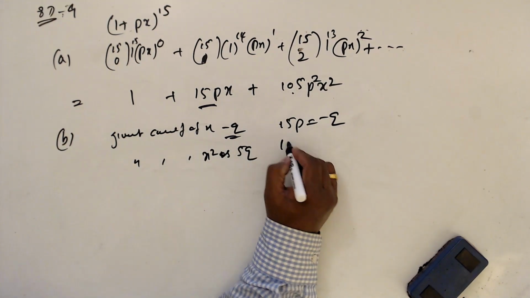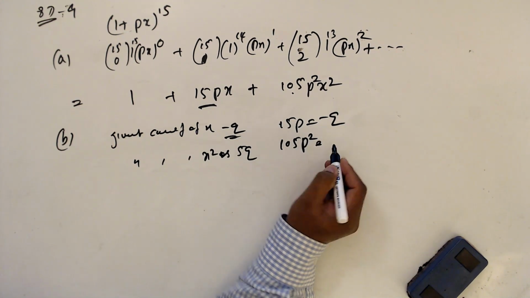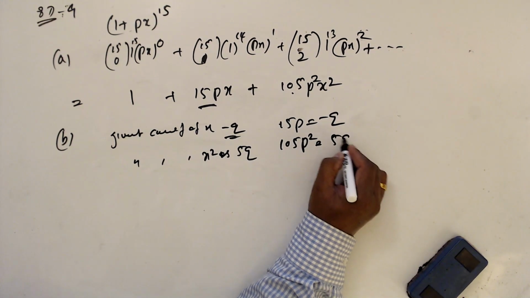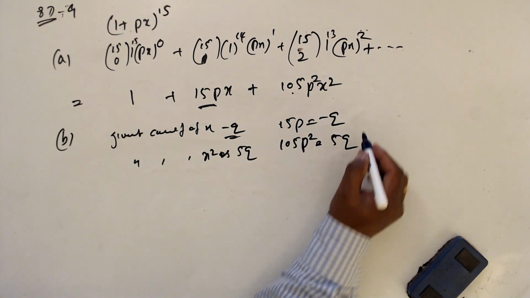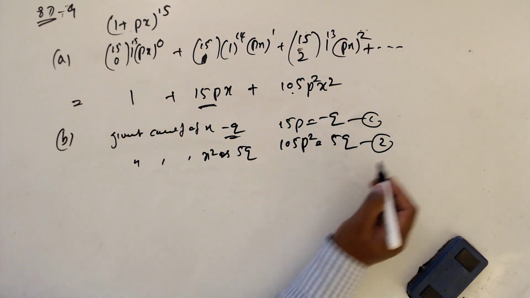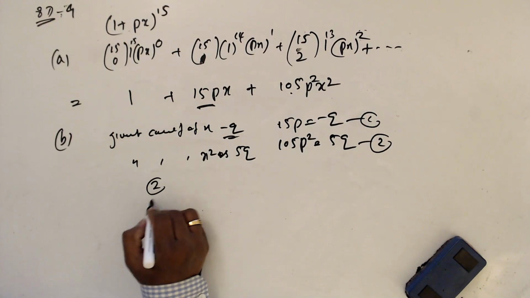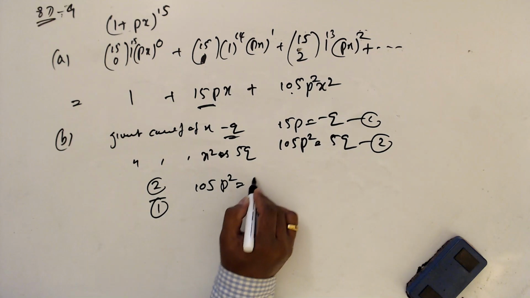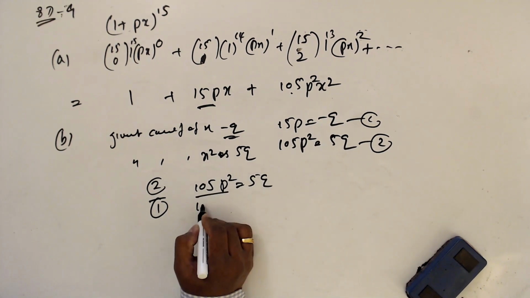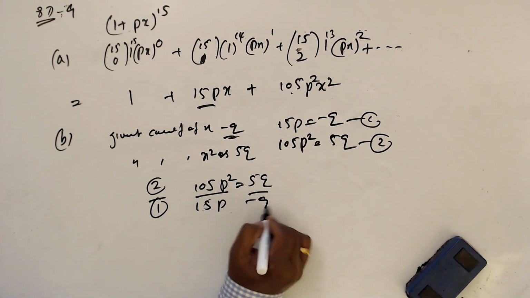It means 105 p square equals 5q. Now we want to find these two. This is 1 and this is 2. I can see 2 divided by 1: 105 p square, 5q, divided by 15p over minus q.